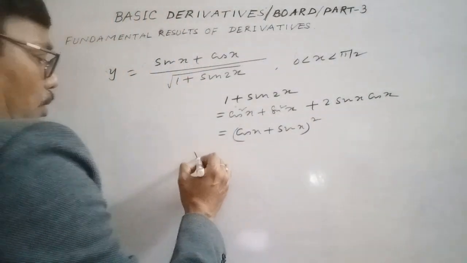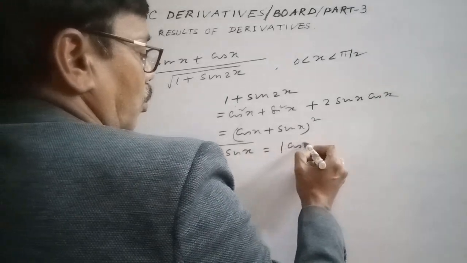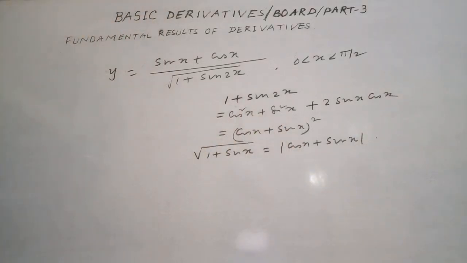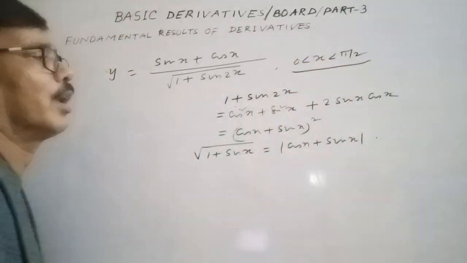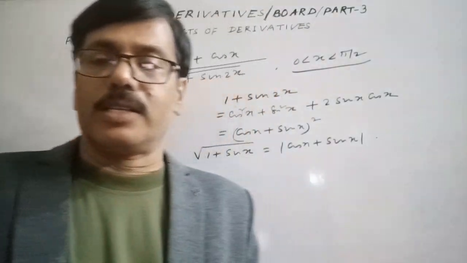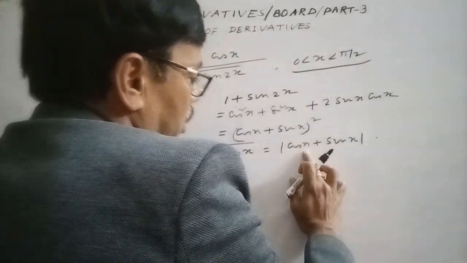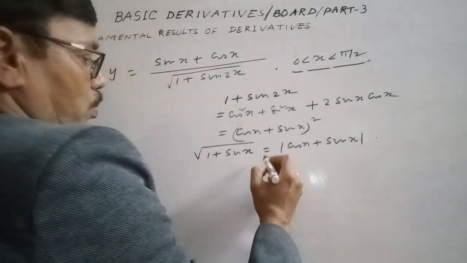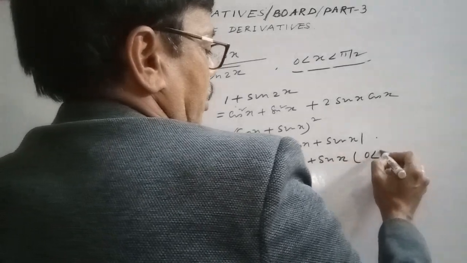So it is cos x plus sin x whole square. So root over 1 plus sin 2x equals plus minus or mod cos x plus sin x. Now you see the restriction. If restriction is not given, we suppose that x is in the first quadrant. But here restriction is given, so cos x is positive, sin x is positive in this restriction, so the sum of two positive numbers is positive, so it is cos x plus sin x.